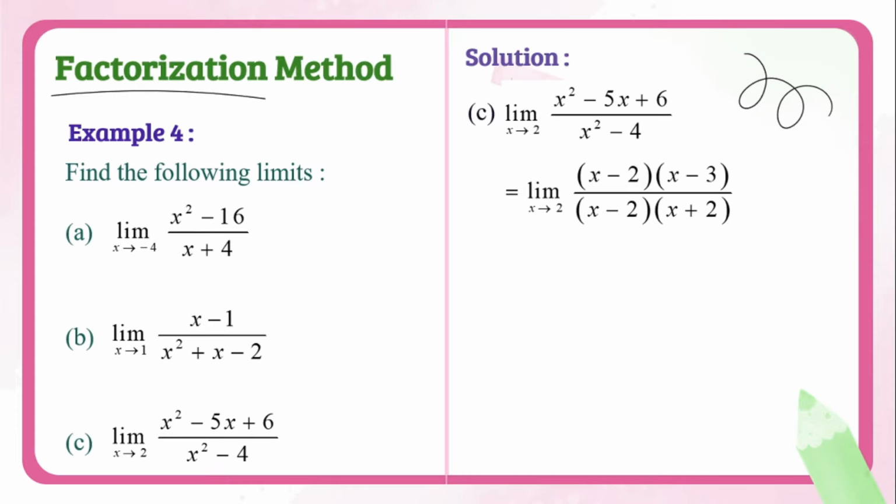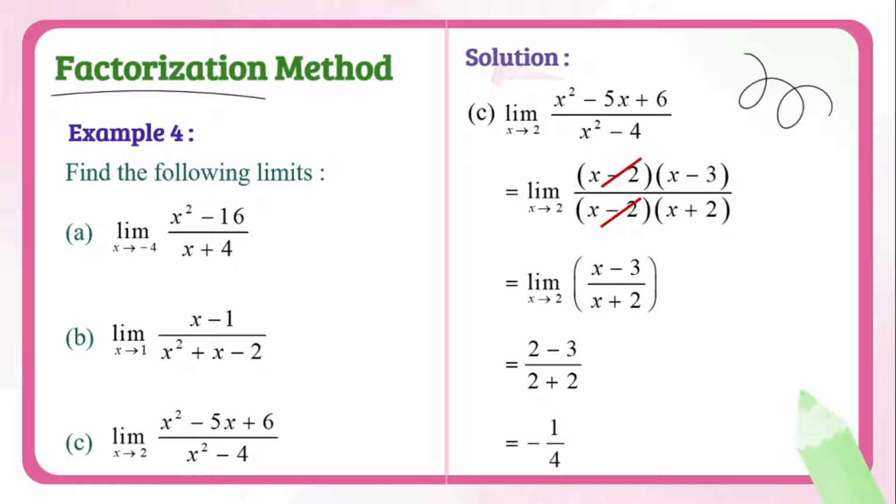So it is better to factorize the quadratic expressions and get the limit of x minus 2 times x minus 3 over x minus 2 times x plus 2 as x approaches 2. Here we can cancel x minus 2 on the top and the bottom and obtain the limit of x minus 3 over x plus 2 as x approaches 2. And then we can substitute 2 into the fraction. And lastly, the limit value is negative 1 over 4.